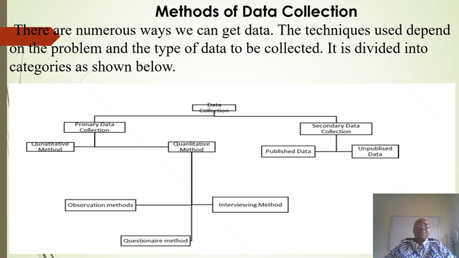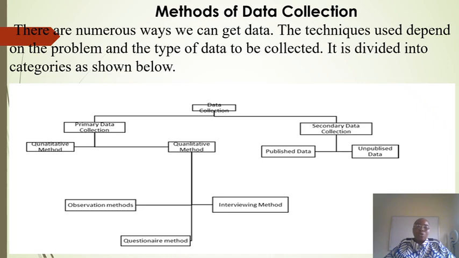What are the methods of data collection? There are numerous ways we can get our data. The techniques which we will use depend on the problems that we want to solve and the types of data to be collected. It is divided into categories as shown below. We have our data collection, which can either be primary data from the primary source or secondary source.